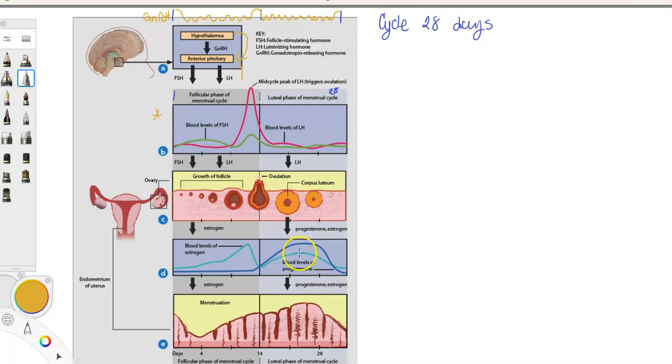If we stop here for a second and go back and look at progesterone, progesterone is flat here because we're making the follicle. Okay, progesterone is more for once ovulation occurs. Progesterone really helps the endometrium to really build up, to get all fluffy and ready for implantation.